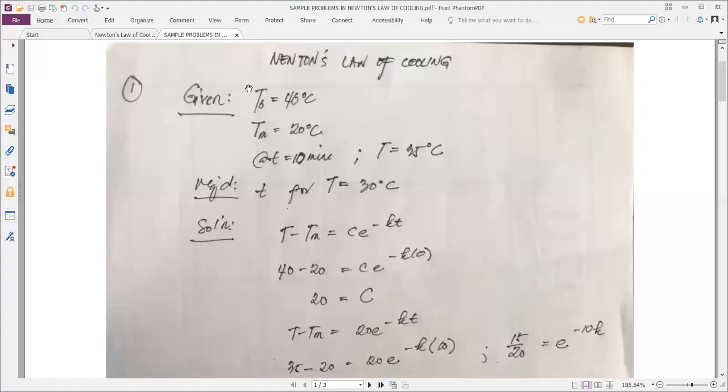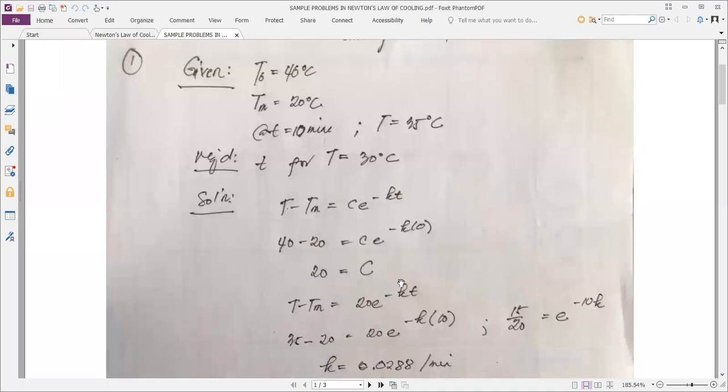Using the first condition, the first given information allows you to determine the C, the constant that is present in the formula. Once you have determined that already, you can now change the C here to the actual value that you got. Then you use the second condition. The second condition says that after 10 minutes, 35 degrees C is the registered temperature of the body. So your T now will be 35.